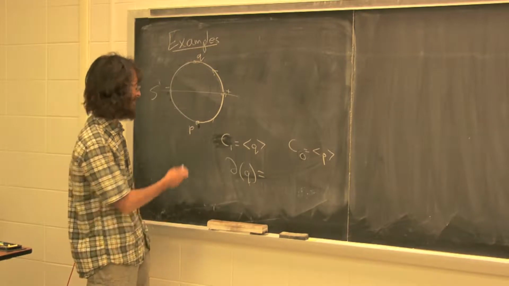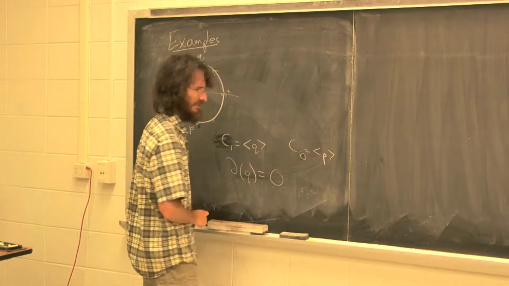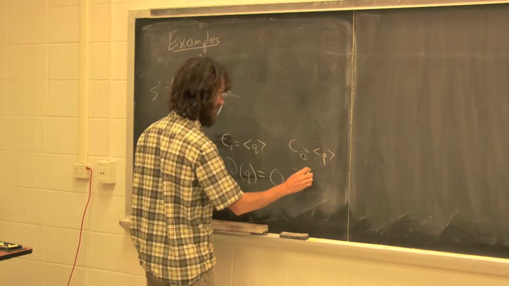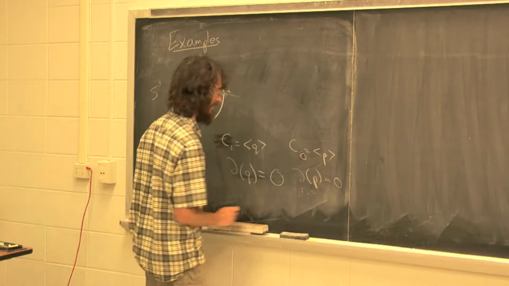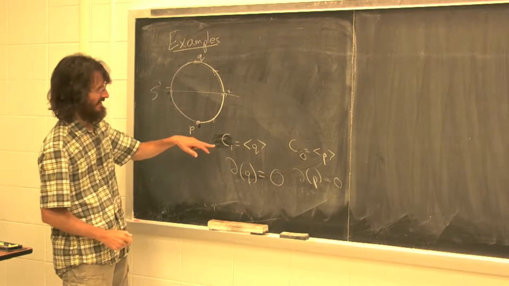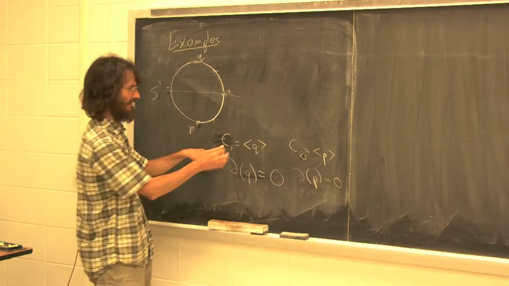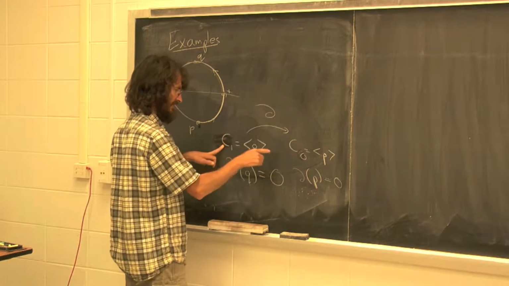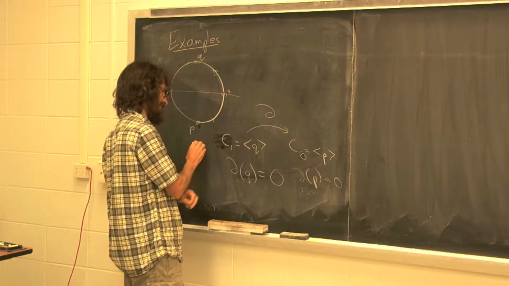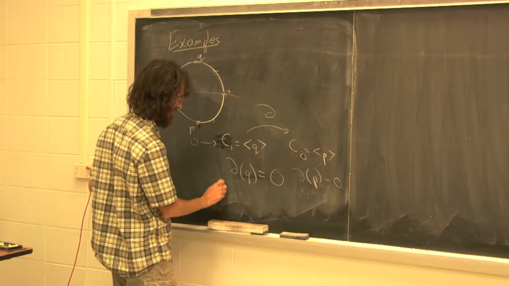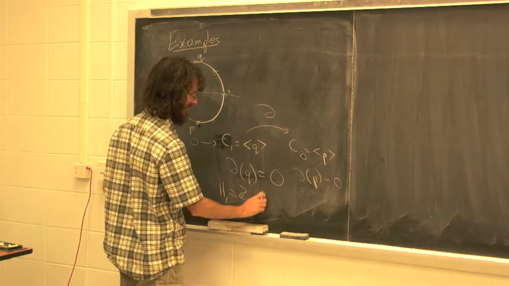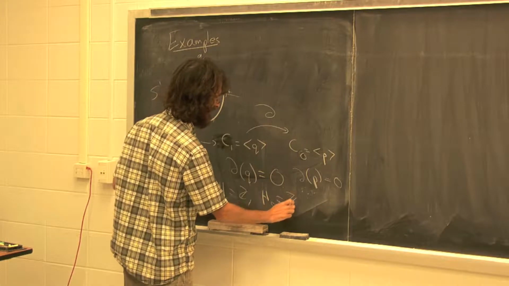But anyway, therefore the boundary of Q is just 0, and the boundary of P is 0, and so therefore the homology is the kernel of the map from here to here, which is the whole thing, and we always have 0 coming in, so H1 is just Z, and H0 is Z. Okay?